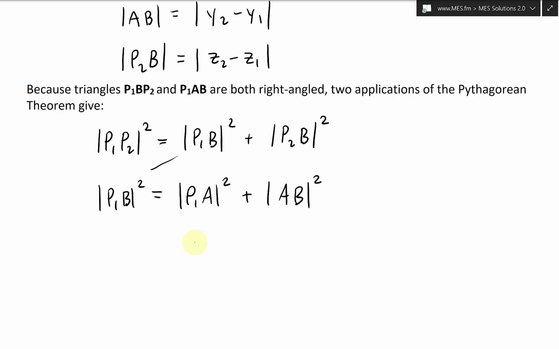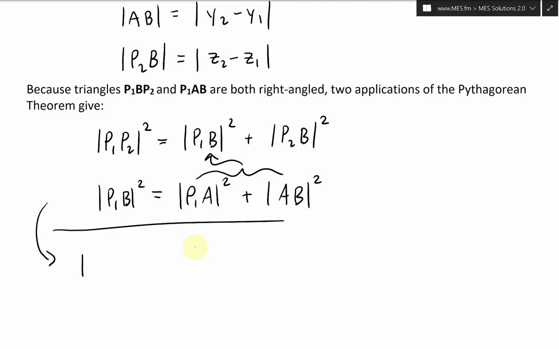Again, this is just this part, so we can throw this inside here. When we do that, this becomes P1P2 squared is equal to, and then we just replace this with this.